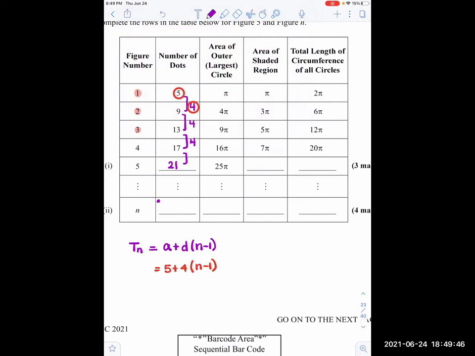Simplify that for me by first multiplying 4 by n, and then multiplying 4 by minus 1. So simplify it.